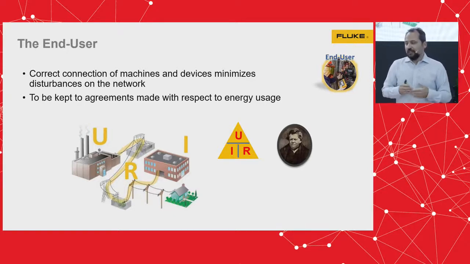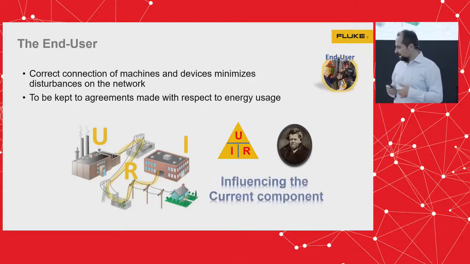So the end user needs to make sure that their installation system, the electrical installation in their facilities, is high quality, meaning that the impedance is as low as possible. Okay?